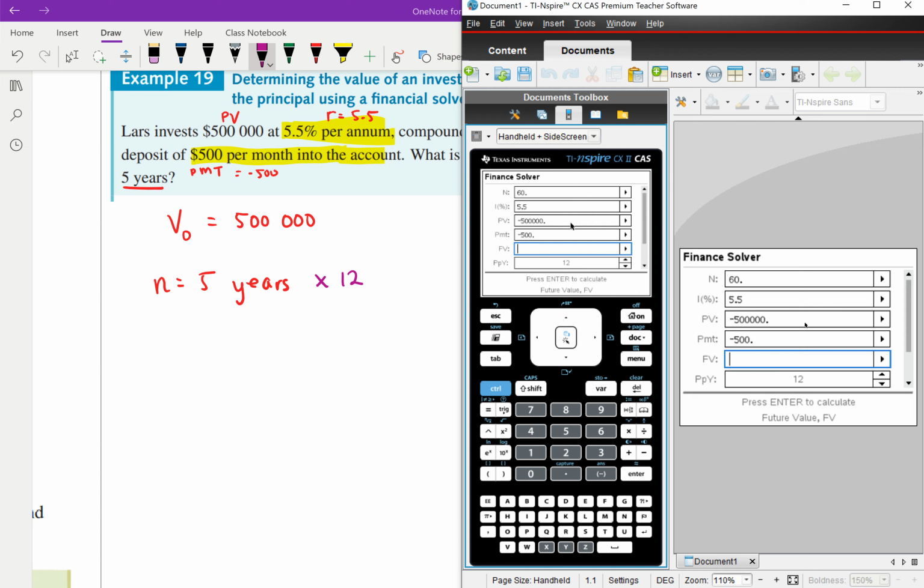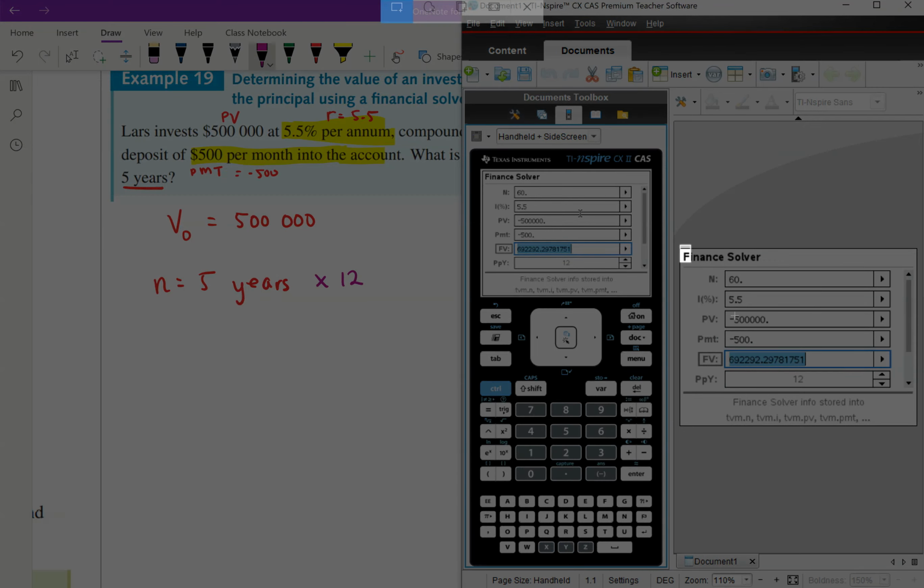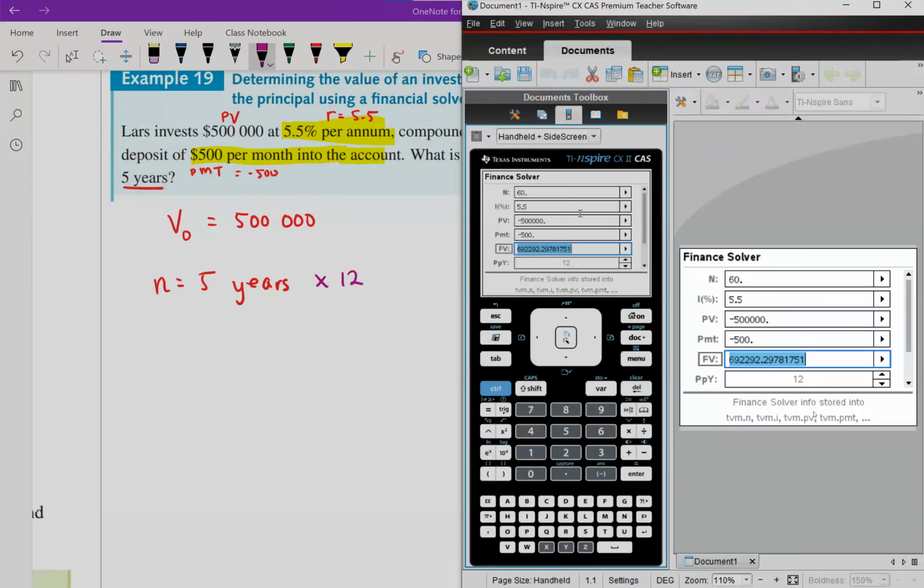What is the value if I started off with 500,000 at a rate of 5.5? Okay, I'm going to press enter, and we can see that we now get, whoa, what is that? $692,292 and essentially 30 cents, isn't it? I'm just going to screenshot this so that we can put it into our sheet over here.